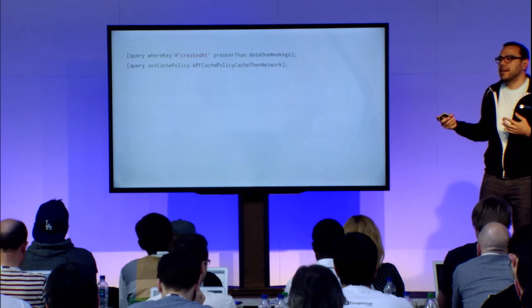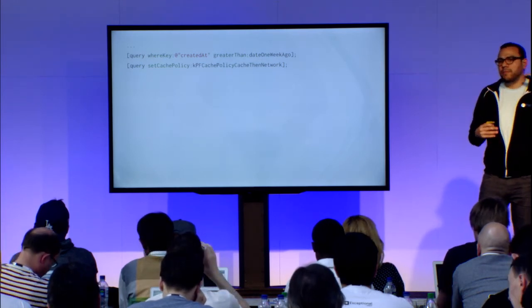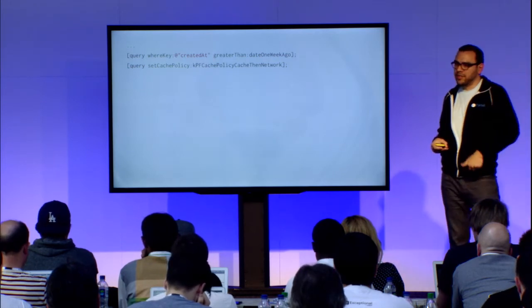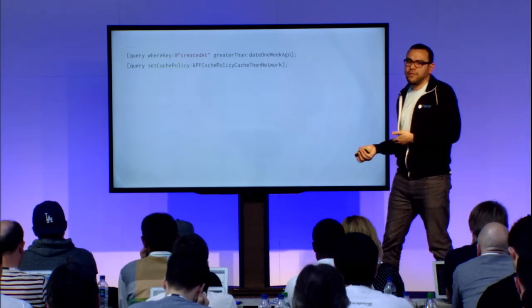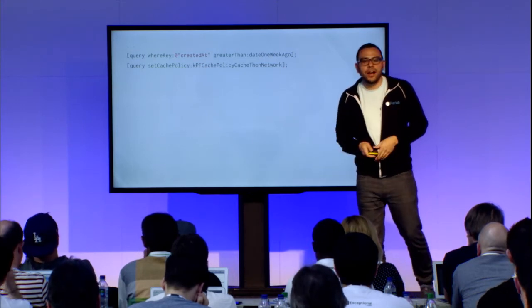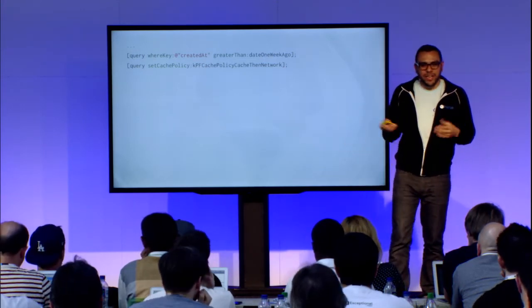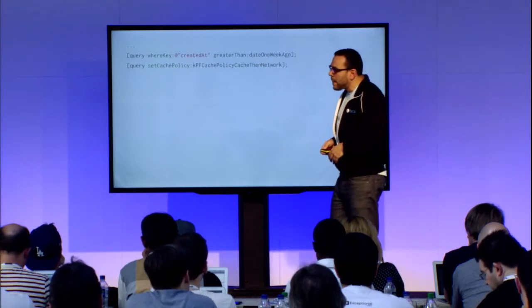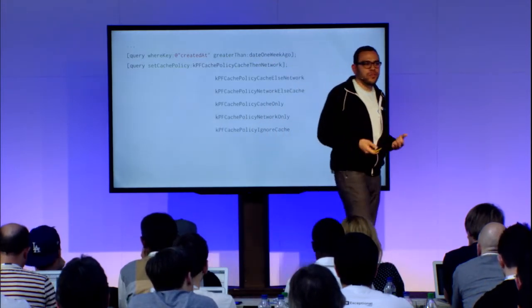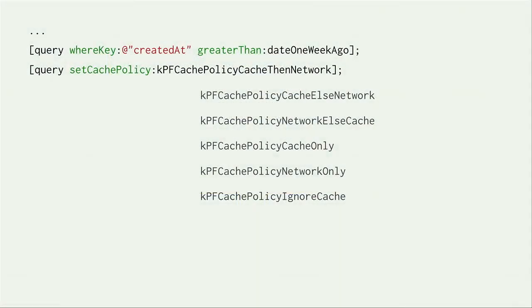What that means is that if you have a table view of objects, when you load that app and there's no internet connection, it will still show the old list of results. As soon as there's a network connection, it's going to refresh with those new objects. So it makes for a very smooth experience. And there's many other cache policies that you might want to use depending on your use case.